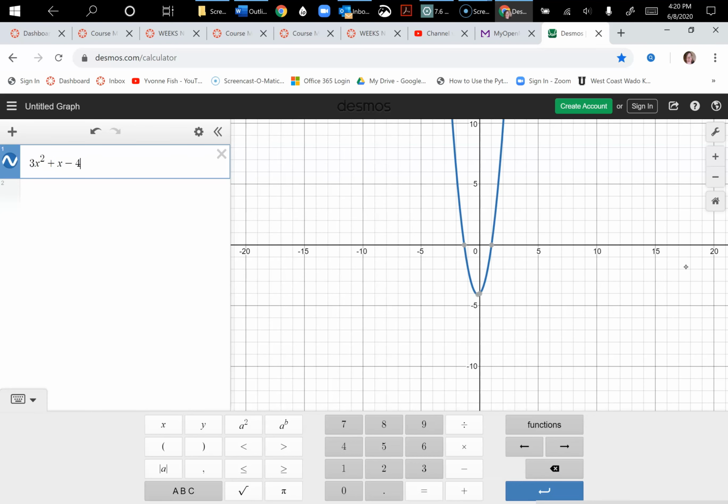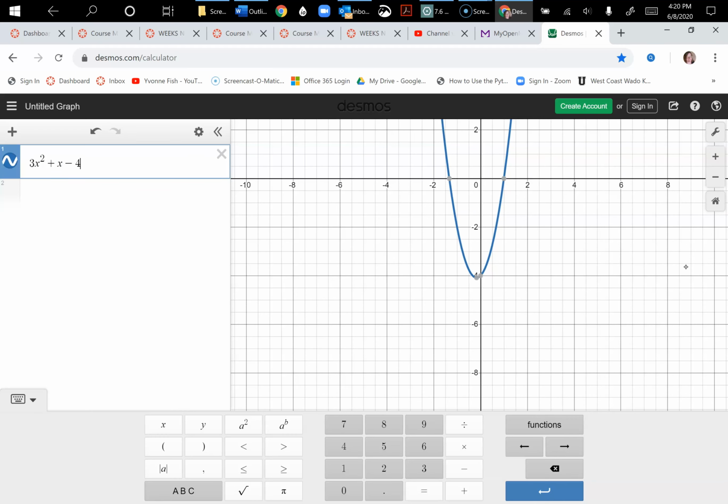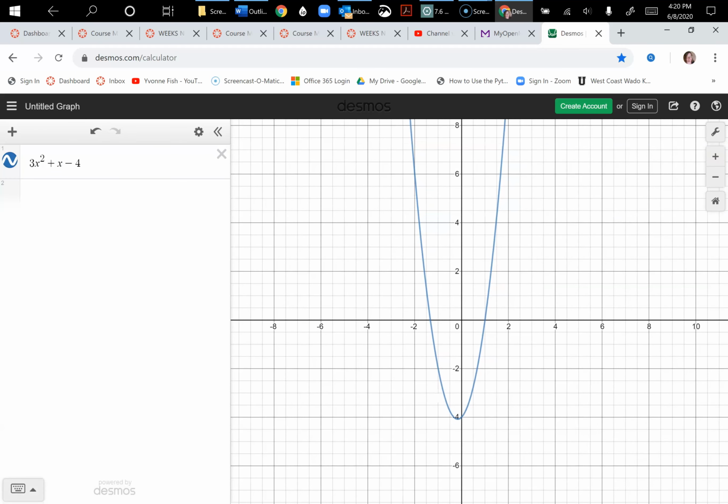Let me make it a little bigger for you. If I touch here, it should show me negative 1.33. If you calculated your values, you would have had negative 1 and 1/3, and that's what it becomes as a decimal, rounded. And the other side is 1, 0. So that is where the intercepts hit.